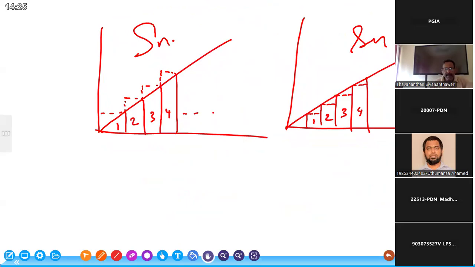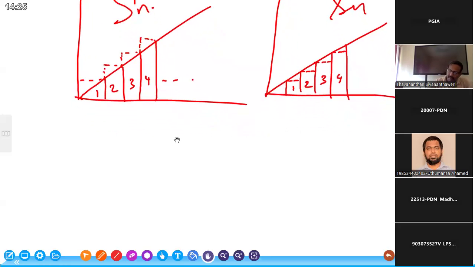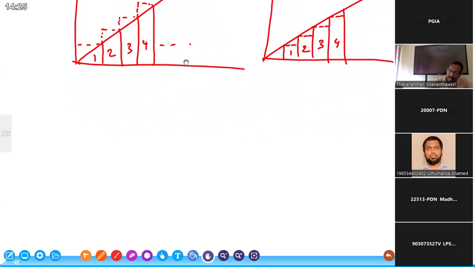Finally, we come to a conclusion, whether it is the first method or the second method, circumscribed or inscribed, we will find the same answer. I'll give a simple example, then we will go further, right?